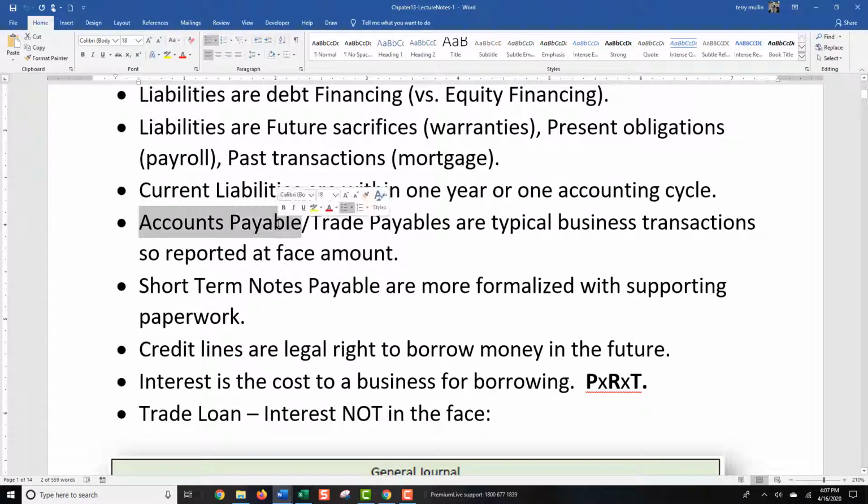Whereas accounts payable is if you're going to sell to somebody, you're going to run a credit check on them, decide whether or not you are going to sell to them. You're going to give them a credit amount, and then you're going to sell to them. They're going to owe you money.